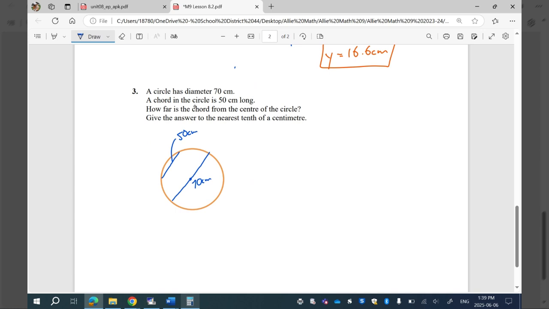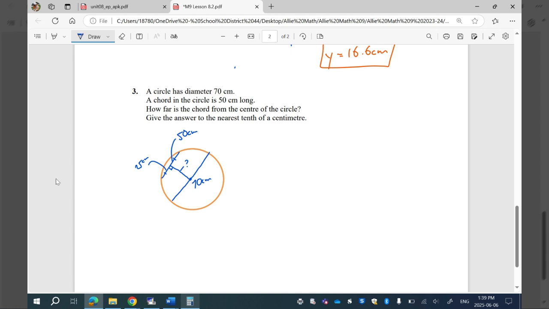So if we were to draw a line perfectly there, it would bisect these two sections and make a 90-degree angle. So we would split that into a side that's 25 centimeters. And this is what we want to find out: how far is this chord from the center of our circle?